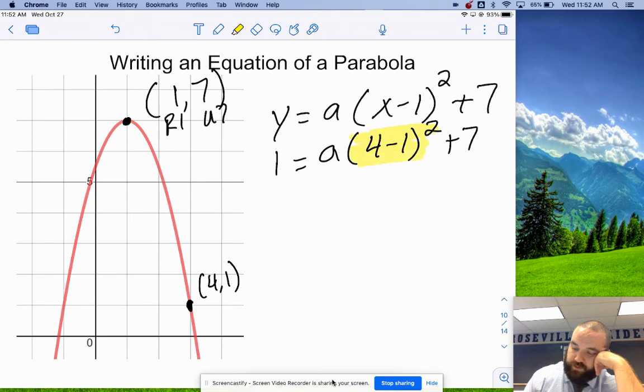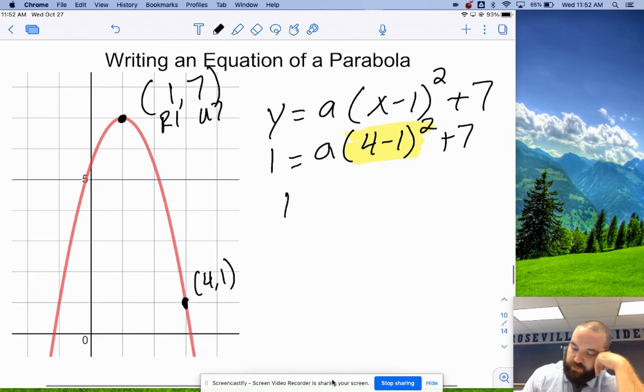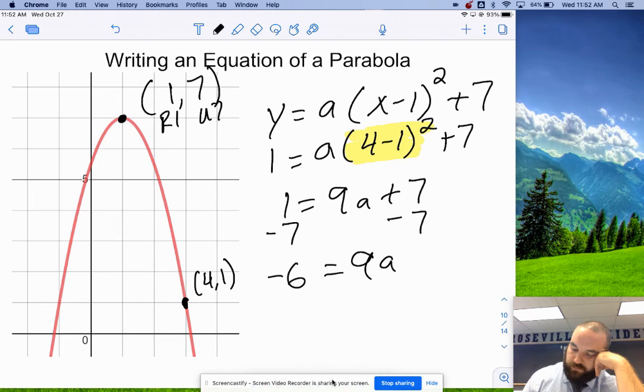So then 4 minus 1 squared is going to be 9. So this will be 1 equals 9a plus 7. I subtract 7 from both sides. Okay, that gives me negative 6 is equal to 9a. And then divide by 9. And I get a is equal to negative 2/3.